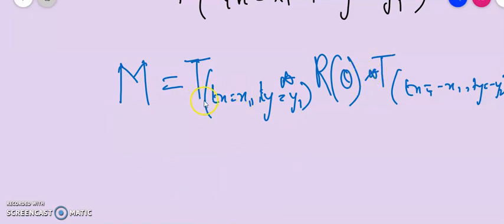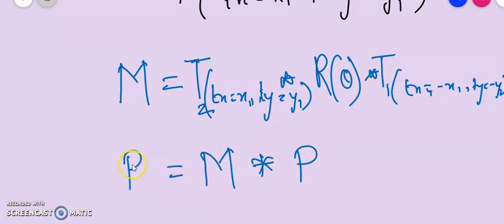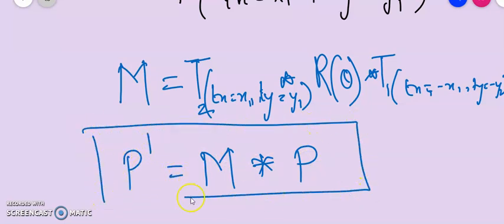To avoid redundancy, I name the first translation matrix T1 and the second T2, as this is the original translation and this is the retranslation. In your final step, you do M multiplied by P, your point coordinates, to get the final coordinates P dash. Once you multiply your line coordinates by your transformation matrix, you get the final coordinates for rotation about a fixed point. So this is all about fixed point rotation.